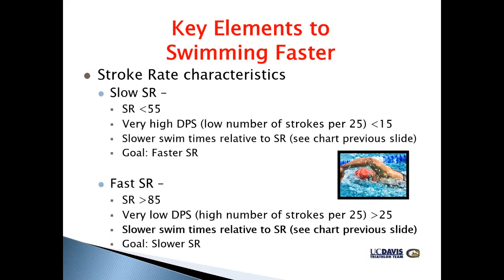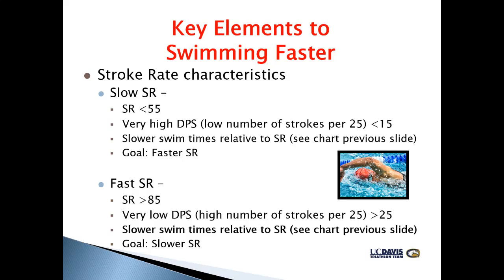That's not always the case, and that's not always bad. But when you couple that with how fast you're swimming, and if you have a very slow swim time, and you have both these other characteristics of a slow stroke rate and less than 15 strokes per length, then you definitely need to make changes and enhance your stroke rate.